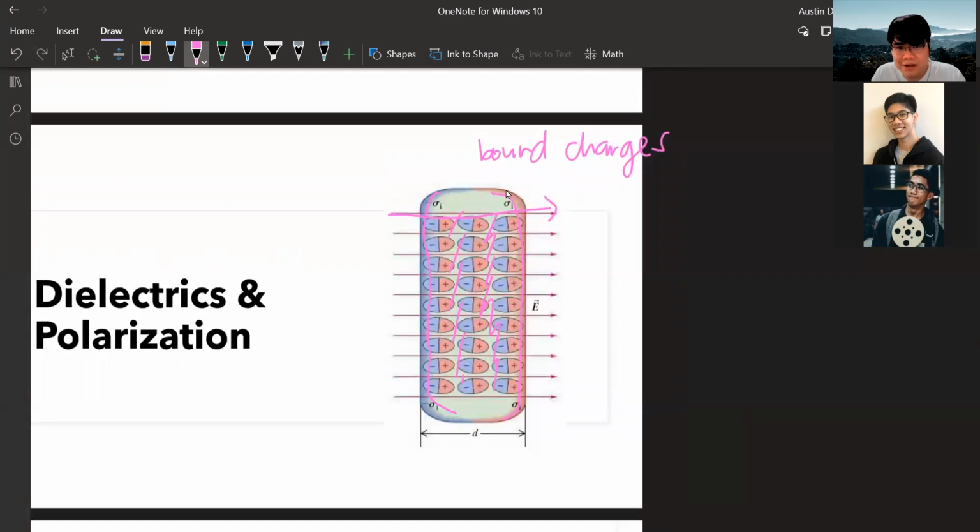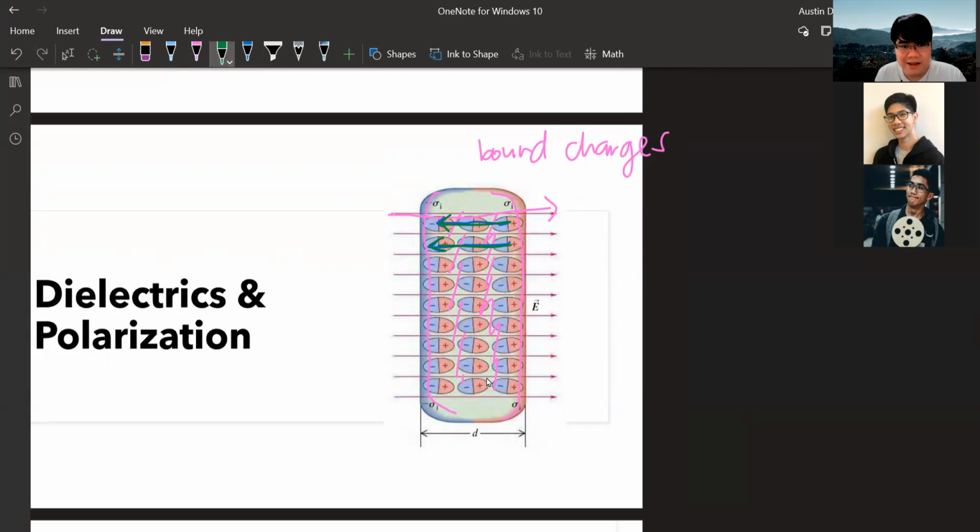So syempre meron kang surface charge, meron kang surface charge. They produce electric fields also. And kung titingnan nyo maigi, yung pinaproduce niya electric field will be opposite. Okay? So meron siyang, ang pangit ng color na ginagamit ko. Ano ba ito? So green na yan. They make a field that is opposite.